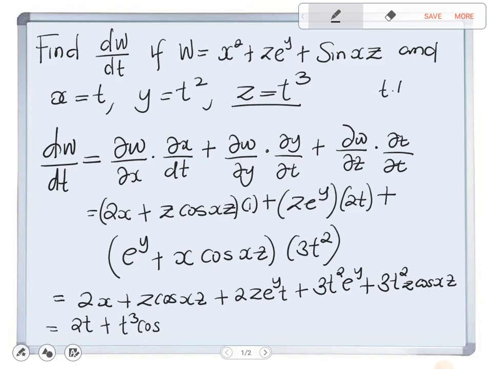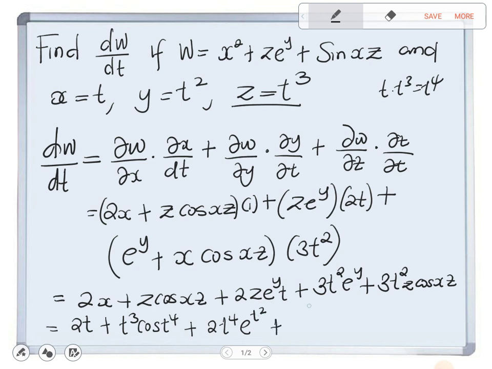So we have t multiplied by t to the power 3, which gives us t to the power 4. So here we just put t to the power 4, plus 2z, which is t to the power 3. But there's also another t here, which will give us t to the power 4. Then we've got e to the power y, and y is t squared.